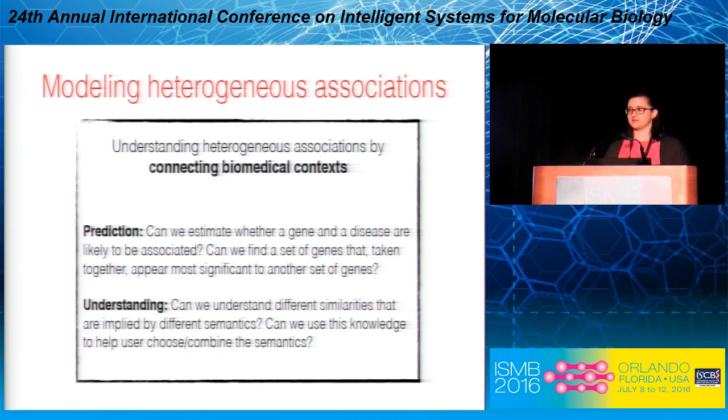I will formalize this in a bit. In terms of understanding, we would like to better understand what are the different similarities between objects that are implied if we consider different ways of connecting these object types in the collection of data sets that we consider, and how we can help users to choose or combine appropriate statistics in a concrete application.